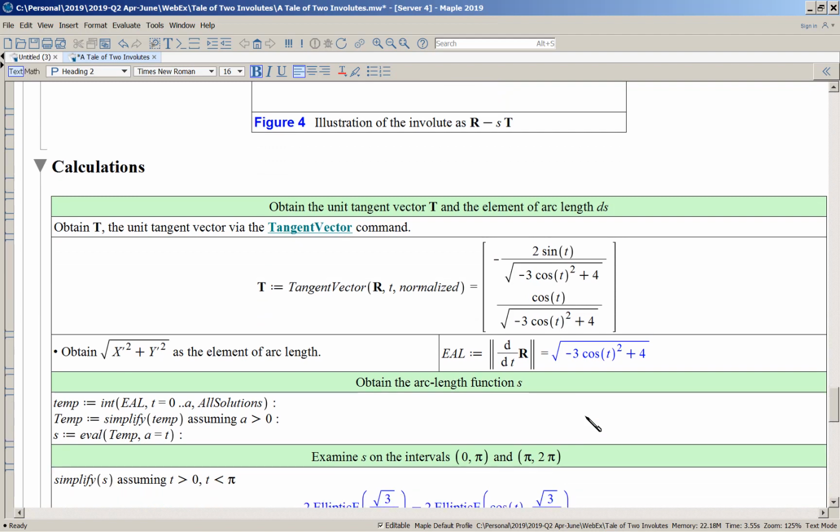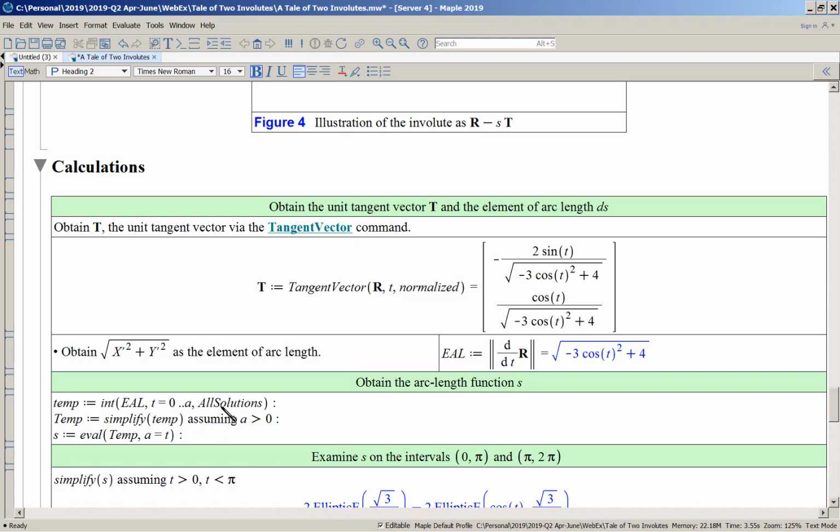Then you have to integrate to get the arc length function. So I'm going to integrate the element of arc length from t equals 0 to some stopping point, a. Well, Maple will not know the relationship between a and t, so you better tell it, give me all the solutions.